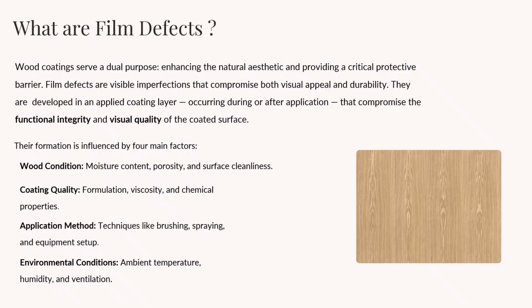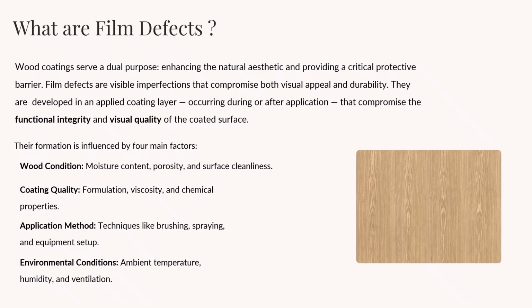This slide explains what film defects are in wood coatings. Film defects are visible imperfections that appear on the coated surface during or after the application process. These defects affect both the appearance and durability of the coating. As a result, the protective and decorative quality of the wood surface gets reduced. The formation of film defects mainly depends on four factors. First is the condition of the wood, including moisture content, porosity and surface cleanliness.